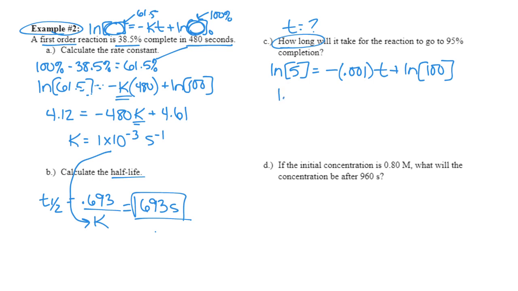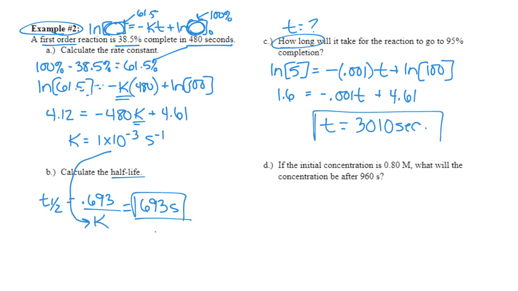Natural log of 5 is 1.6, and then I get negative 0.001 t. Natural log of 100 is 4.61. Solving for time, I get 3,010 seconds. I think that's rounded to significant figures, maybe.